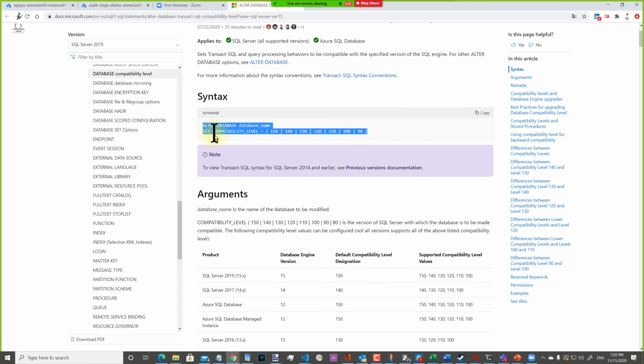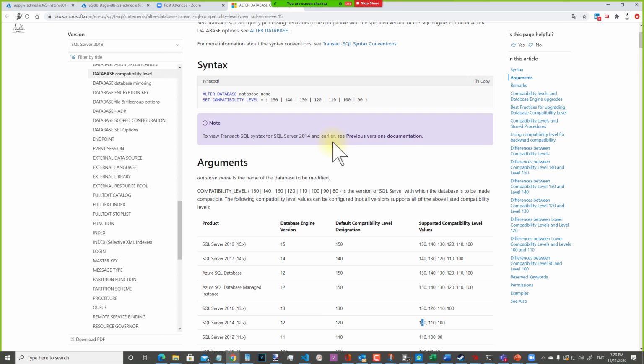So SQL database is recommended to have 150. That means that this is SQL 2019 right now. So that's why it's important. So check it and change to the right parameters by just executing the command on any database, etc. Scenarios. This is the first part.